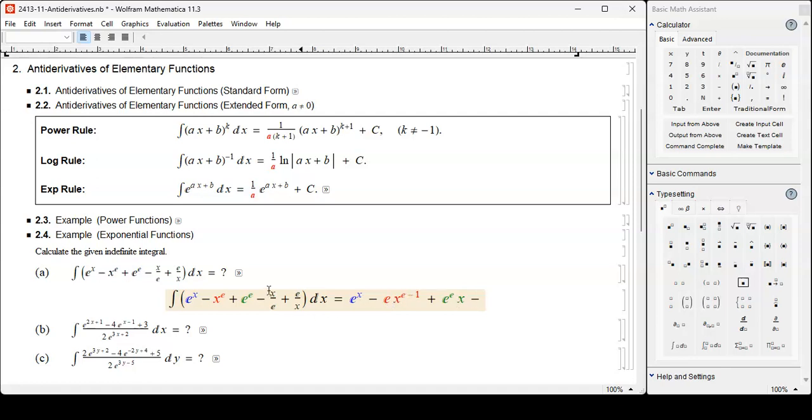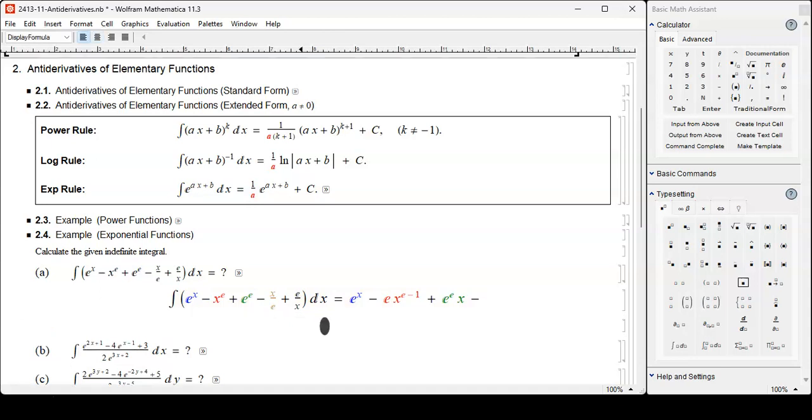Alright, now what's this? This brown. X over e. Do we use some quotient rule or something? No, as a matter of fact, this x over e can be written as 1 over e times x.